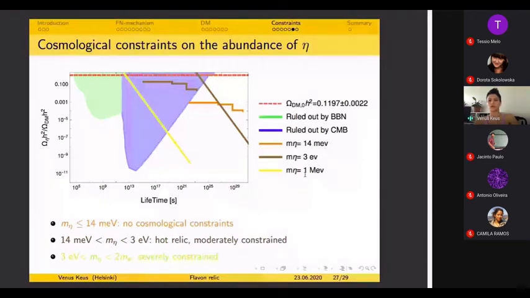When you get to 1 mega electron volt mass, then you're basically so short-lived that the particle just completely dies out before any of it is left behind to have any cosmological constraint apply to it. You could still produce the model through freeze-in, and this line should theoretically carry on.